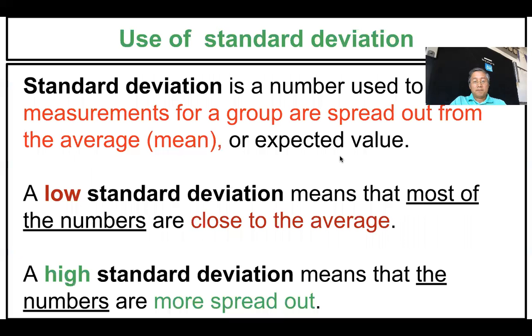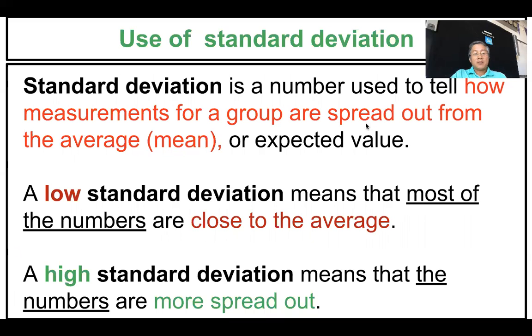Let's see. Last time we learned that standard deviation is a number used to tell how the measurements or data scores for a group are spread out from the mean, or average, or expected value.